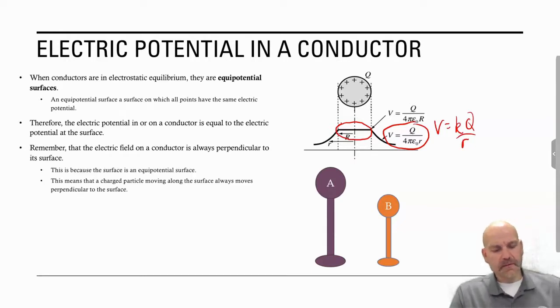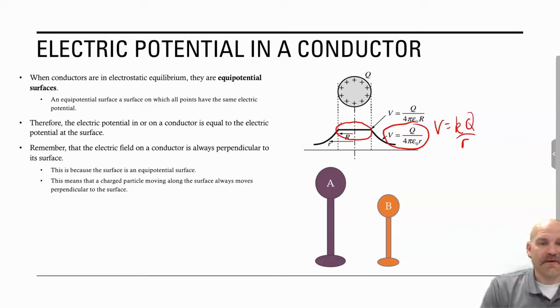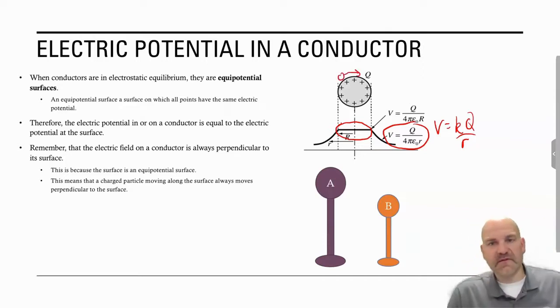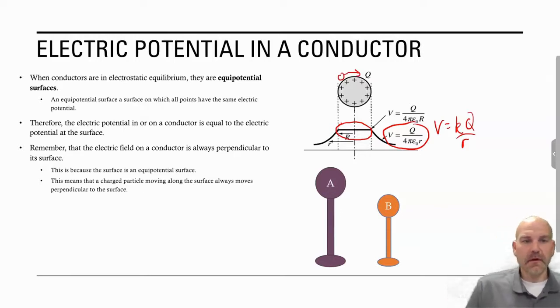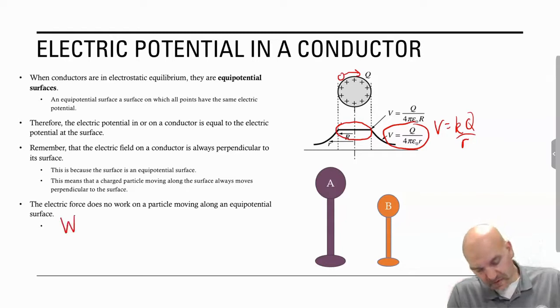Now, one thing to remember is that the electric field at a conductor is always perpendicular to its surface. One of the main reasons is because it's an equipotential surface. That means if we move a charge along this surface, we're not doing any work on it, and the electric force does no work on a particle moving on an equipotential surface.